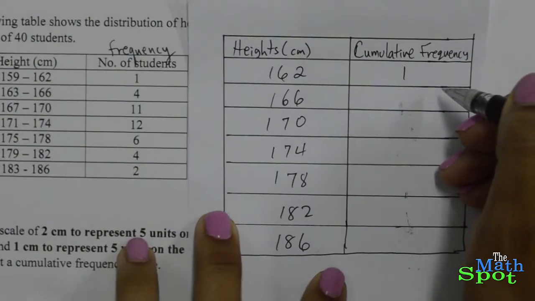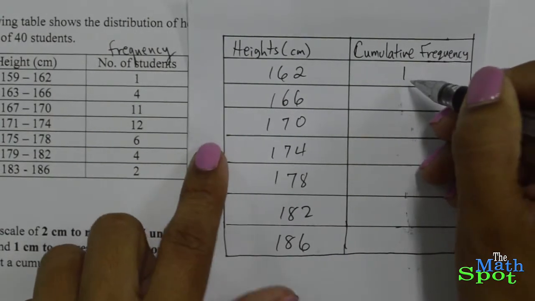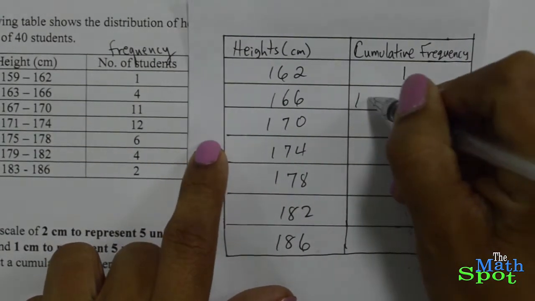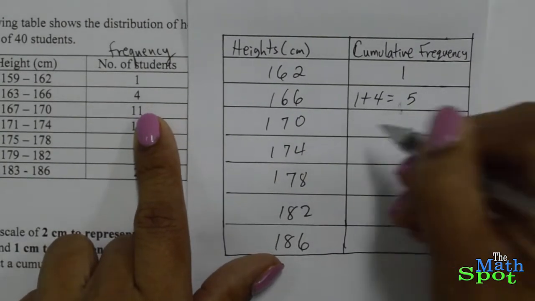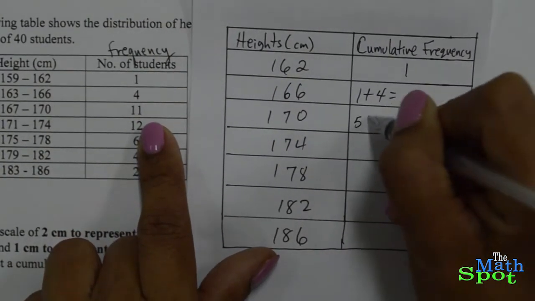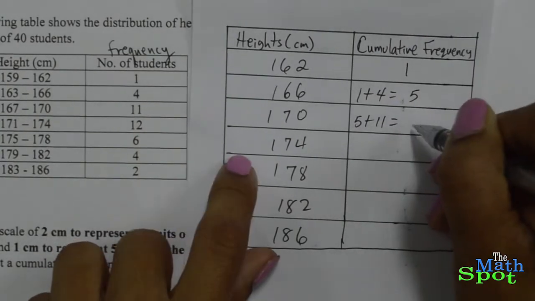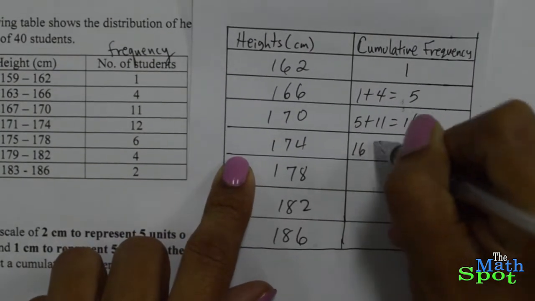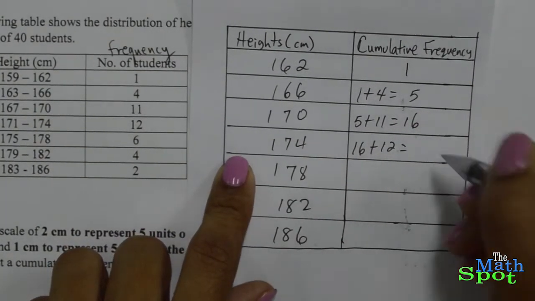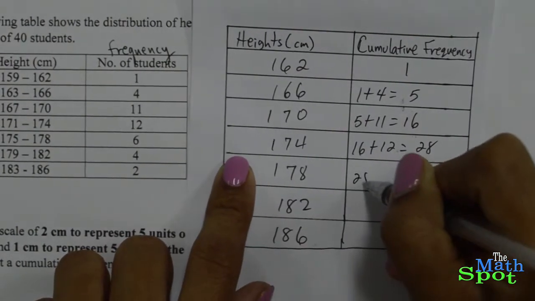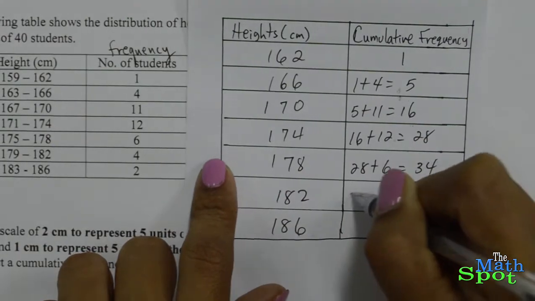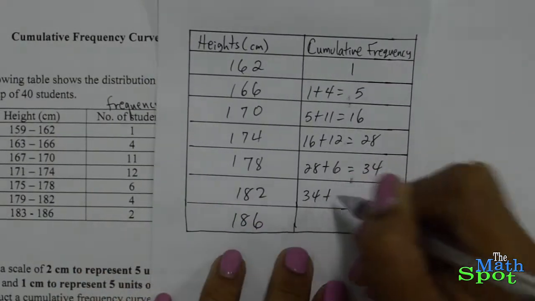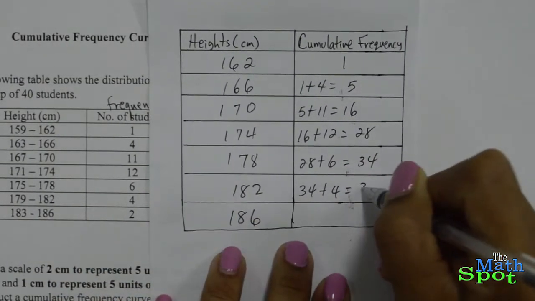In the first interval here, we have 1, and from there, we'll bring that forward and add 1 plus 4, 5. Bring that forward, 5 plus 11, 16. Bring that down again, 16 plus 12, 28. 28 plus 6, 34. 34 plus 4, 38.